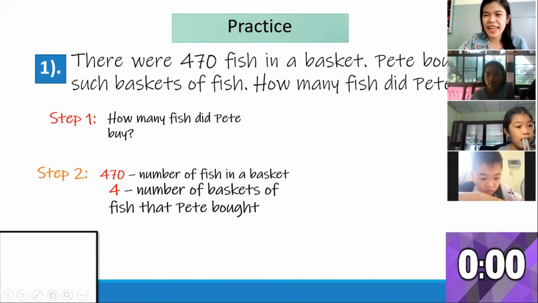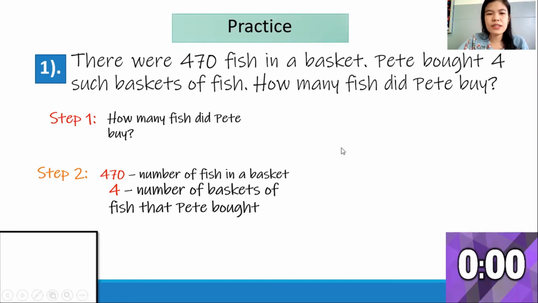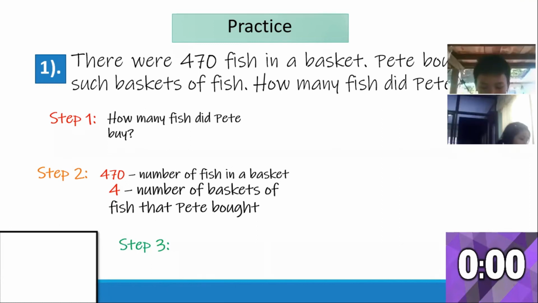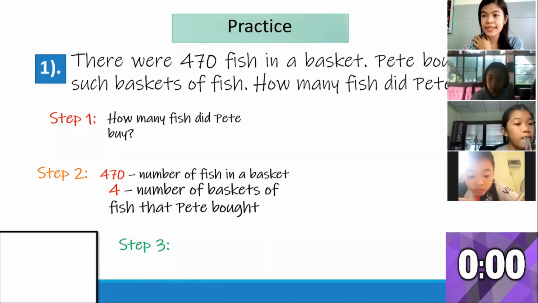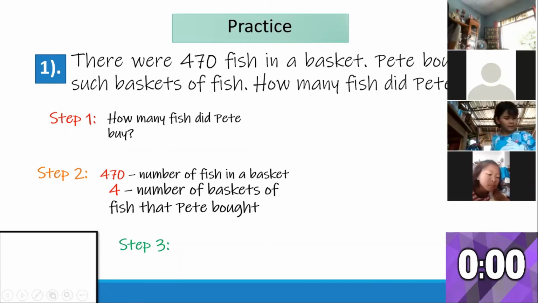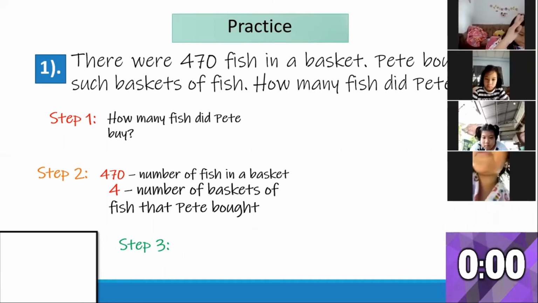Okay, so next, step 3 is a little bit easier than the other steps. So for step 3, I'll give only 15 seconds. Who is ready for step 3? Are you ready?